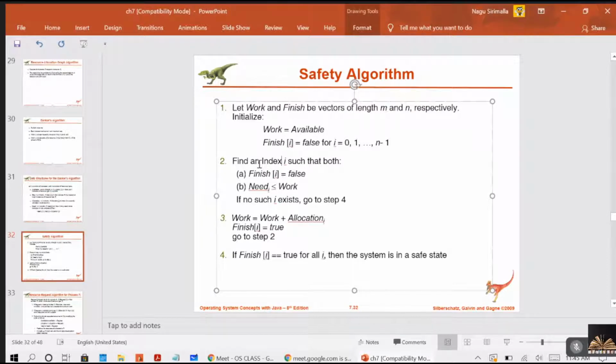Work contains available. If your need is less than or equal to available, finish is equal to false, right? If no i exists, go to step 4.